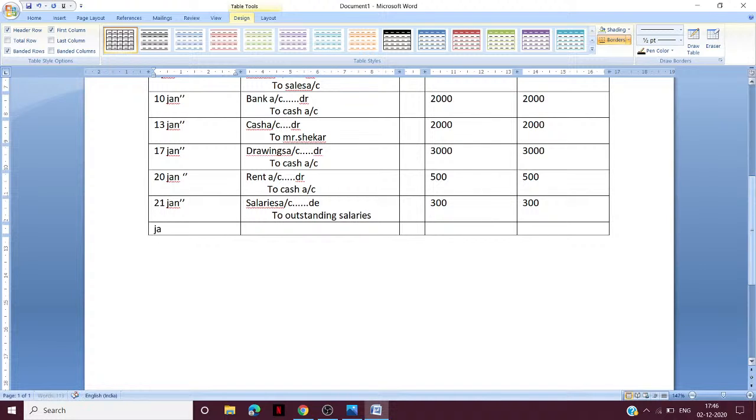So on 24th Jan 2014, interest account to be debited, and what is coming in?